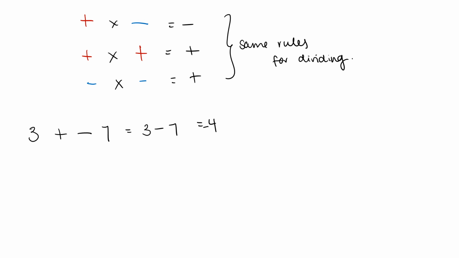Likewise, if I had 3 and I was to subtract positive 7, that's the same as 3 minus 7, okay? But if I was to have 3 and I was to subtract negative 7, that's actually the same as saying 3 plus 7, so 10, okay? So if our signs are different, you're going to end up subtracting that number, okay? But if I have a number and I've subtracted a negative from it, I'm actually adding that number to it.